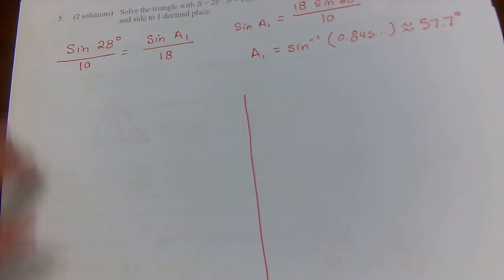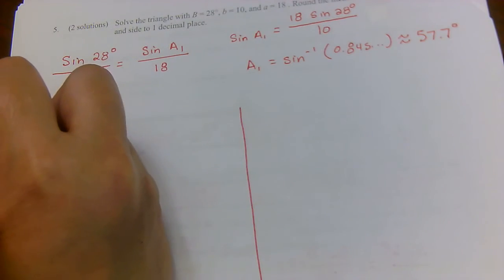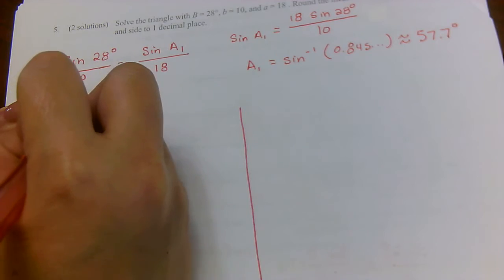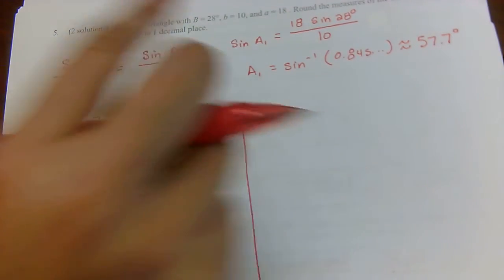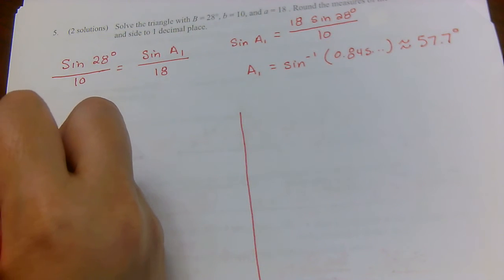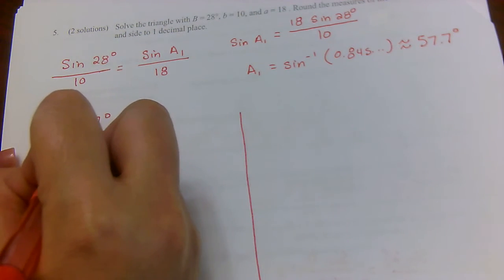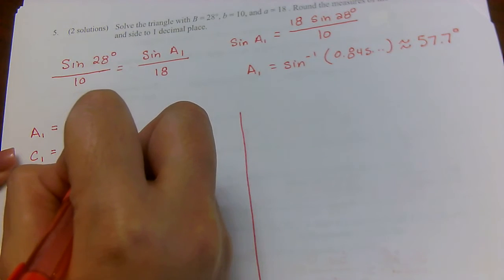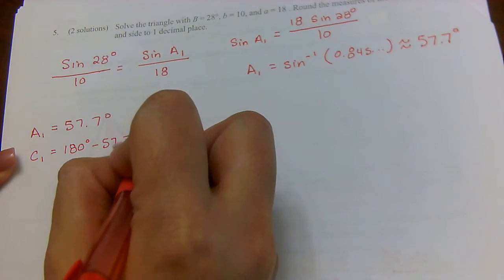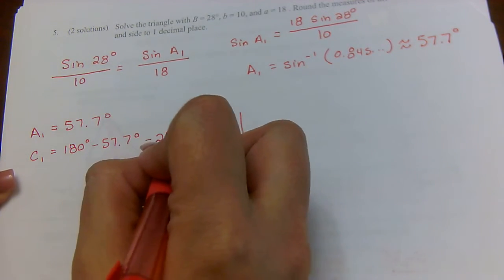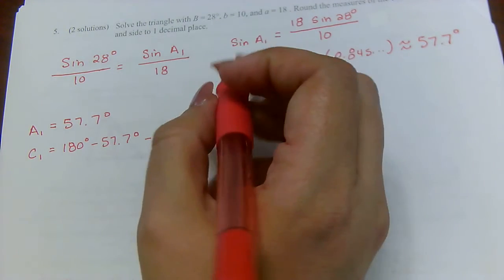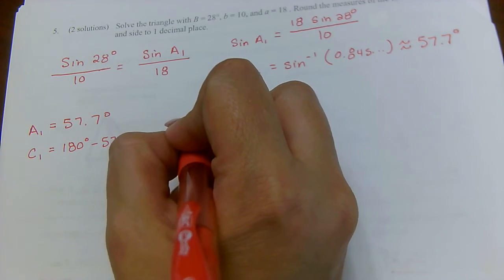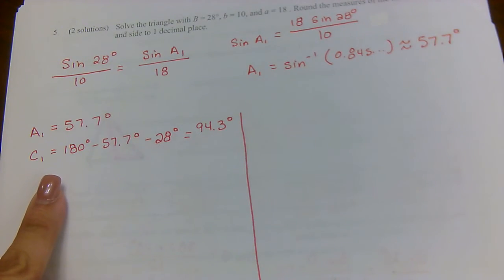Okay, I'm going to start with A1 being over here. A1 is 57.7 degrees. I'm given B, so I'm looking for C. C1 would be 180 degrees minus the 57.7 minus the 28 degrees. Okay, use your calculator and you should get 94.3 degrees. This will be for C1.